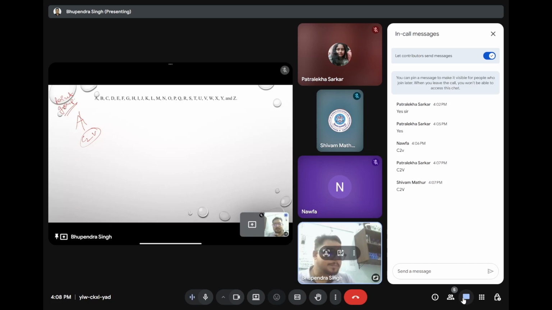So what is the point group of B? This B. Now I am saying C2V. What about Shivam, Patlekha? Patlekha says C2V.